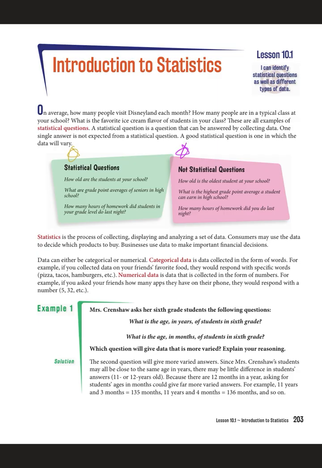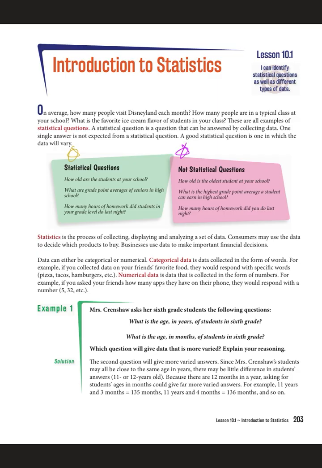Moving on. Statistics is the process of collecting, displaying, and analyzing a set of data. Consumers may use the data to decide which products to buy. Businesses use data to make important financial decisions. Data can be either categorical or numerical. Categorical data is data collected in the form of words.